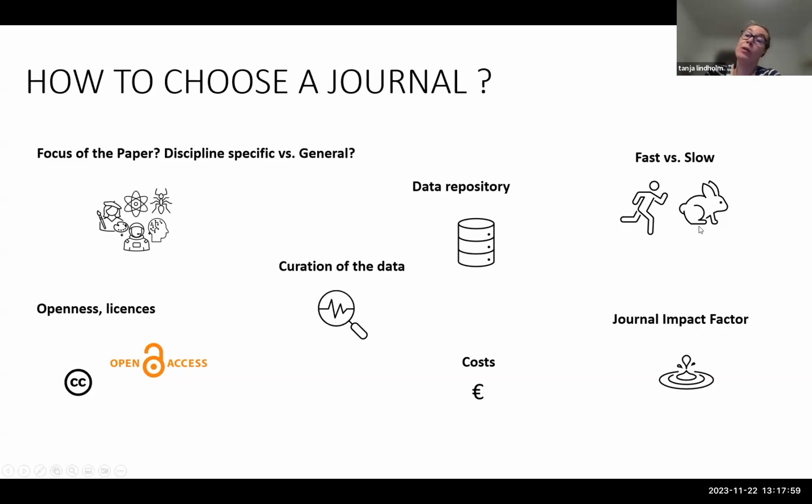And at the same time, it might be that the journal that has the highest impact factor doesn't necessarily curate the data. And these are the choices that you're juggling between, what you want and what is the outcome.